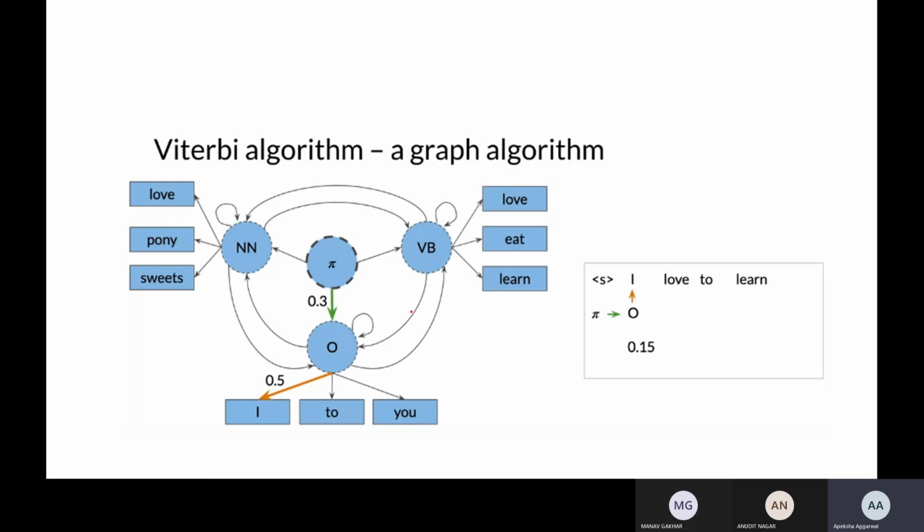After that, what I want to know is the chances of occurrence of this I as my first word. Because I have added this start and ending symbol, and from start, this is the initial state.